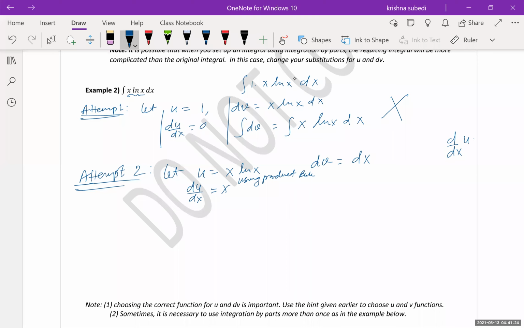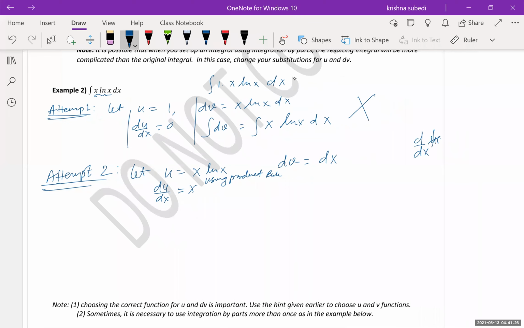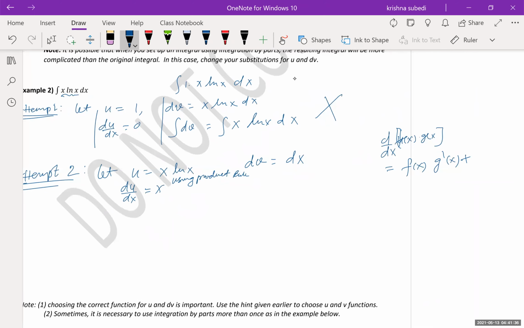So u times v, or f of x times g of x, you copy f of x, find the derivative of g of x, plus find the derivative of f of x and copy g of x, right?